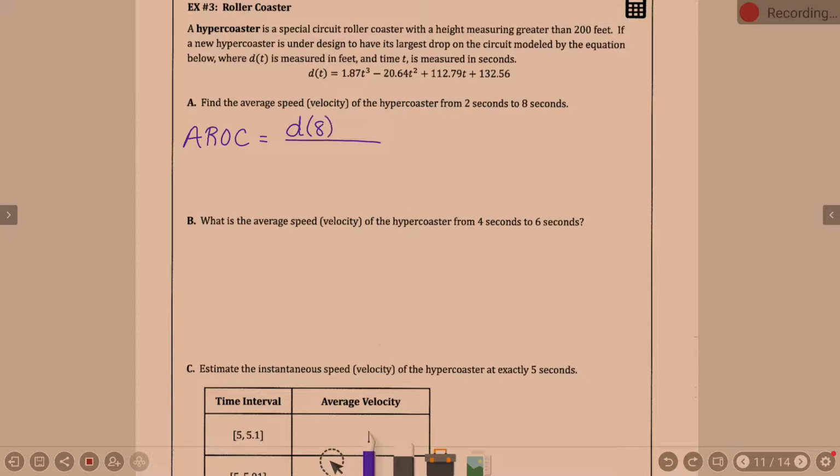D of 8 minus D of 2, all over 8 minus 2. Change in distance over change in time.